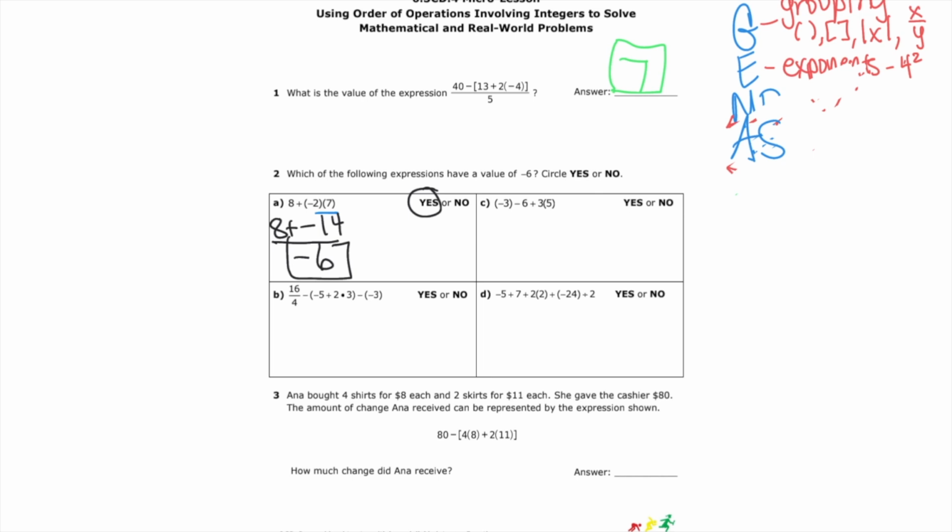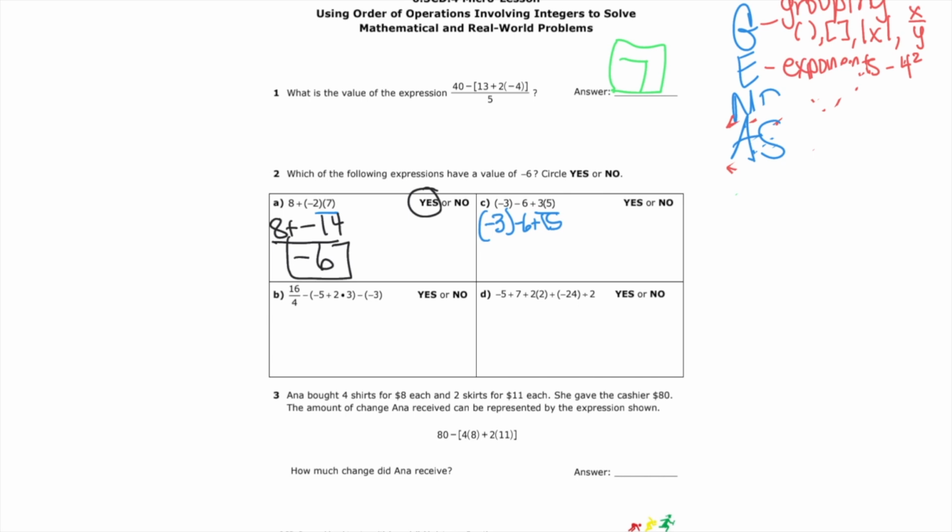So I have -3 minus 6 plus 3 times 5. I have underlined 3 times 5. 3 times 5 is 15. I'm going to rewrite it. All right, so I'm done with multiplying and dividing, and now I have my adding and subtracting.